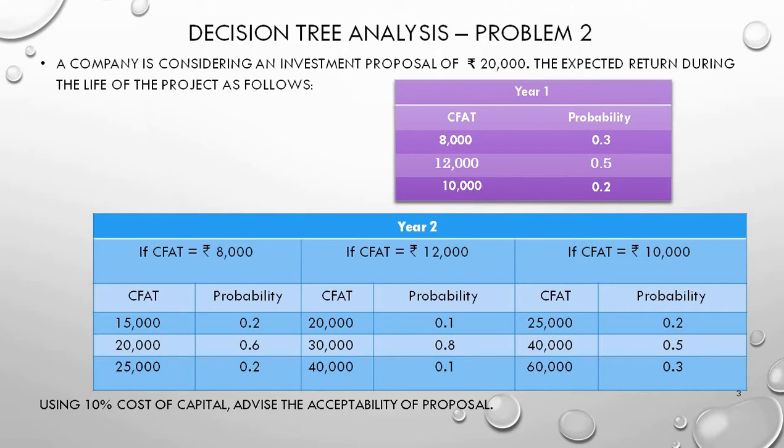If cash flow 10,000 is taken as base, 25,000 with probability 0.2, 40,000 with probability 0.5, 60,000 with probability 0.3. Using 10% cost of capital, advise the acceptability of the project.